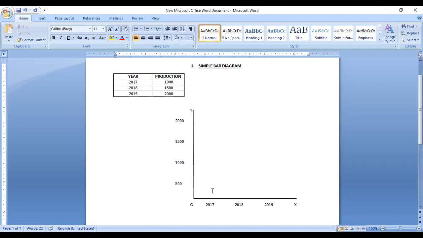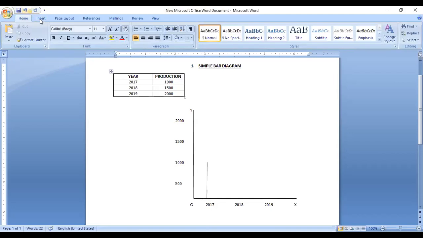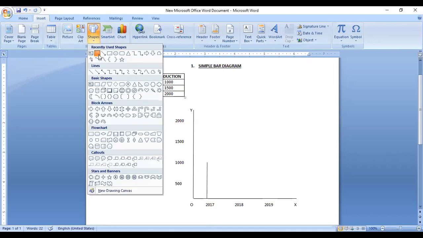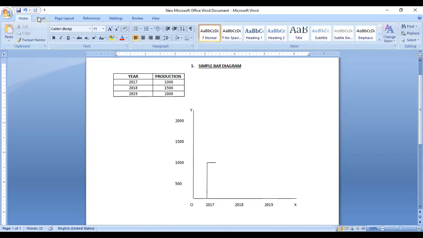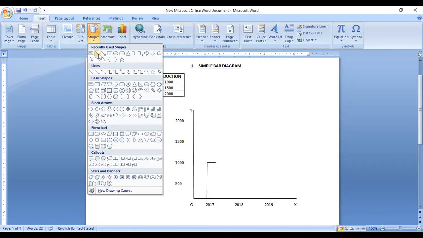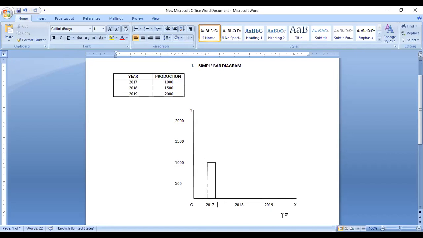Okay. Now drawing of bar diagram. Now you can see in the year 2017 production is 1000 units. This is simple bar diagram. Up to 1000 I have marked, and I am drawing like that. Like this.